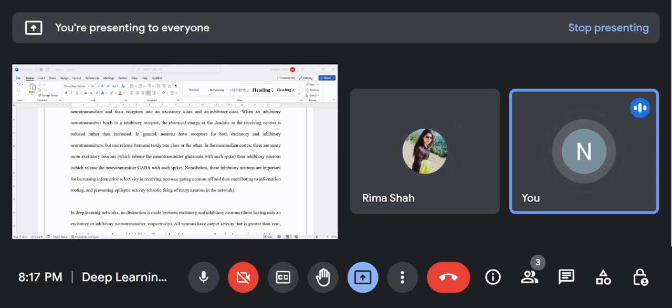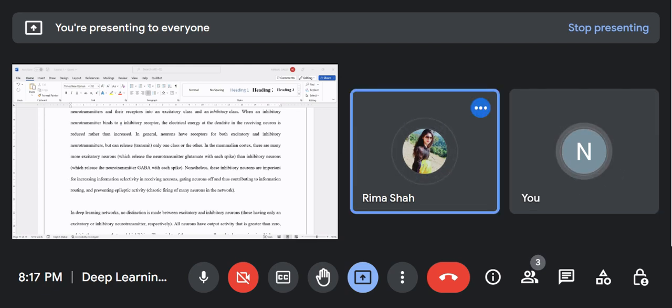See, inhibitory neurotransmitters block, or prevent the message from being passed along any further. I don't want them to travel any further, so I block it.